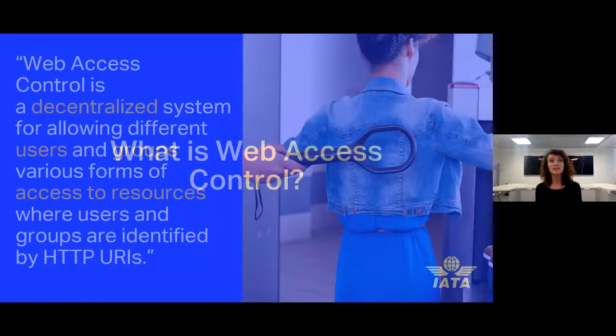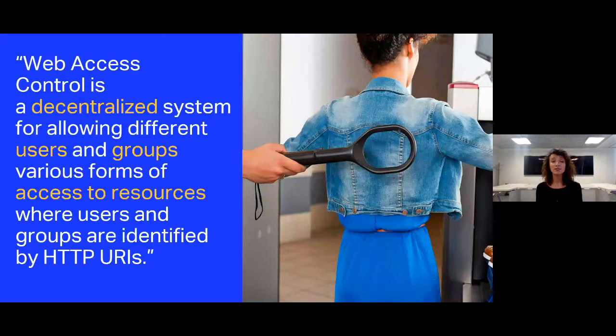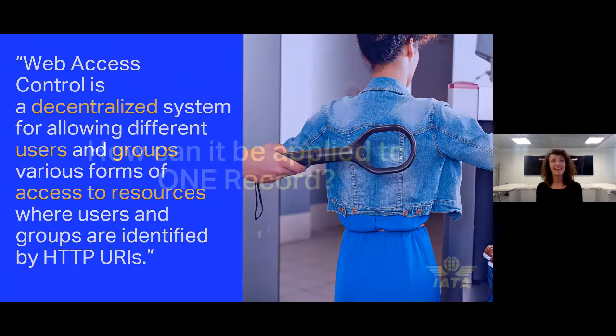As a definition, web access control is a decentralized system for allowing different users and groups various forms of access to resources, where users and groups are identified by HTTP URIs. So it is exactly what we need in One Record, because in the Internet of Logistics, everyone is identified by HTTP URIs and all the resources the same way.